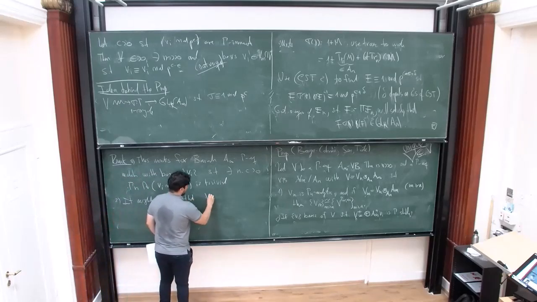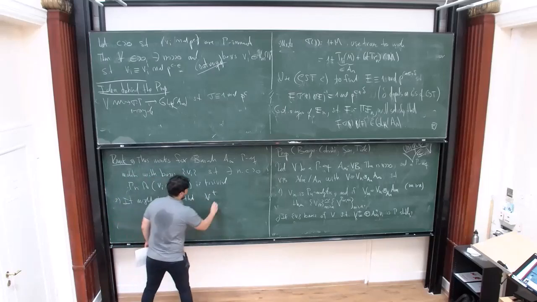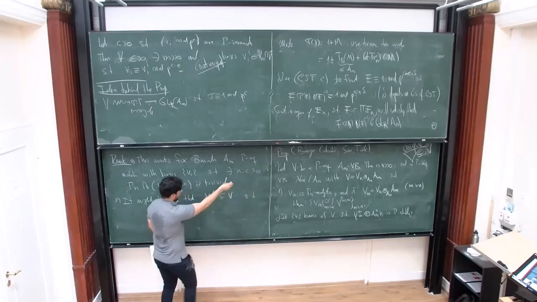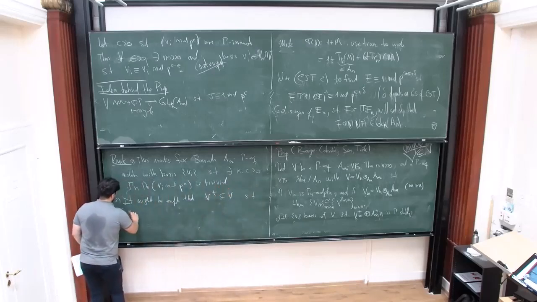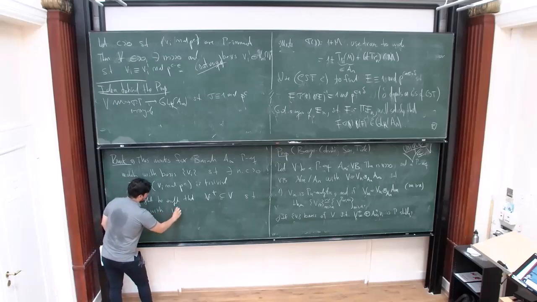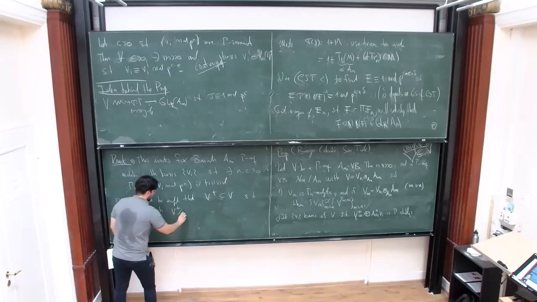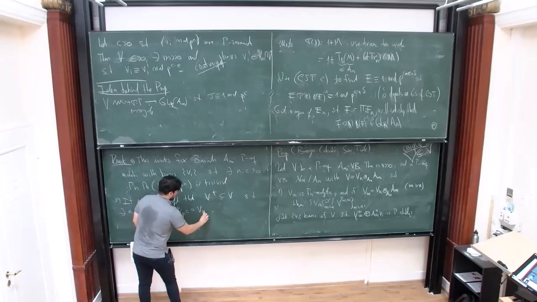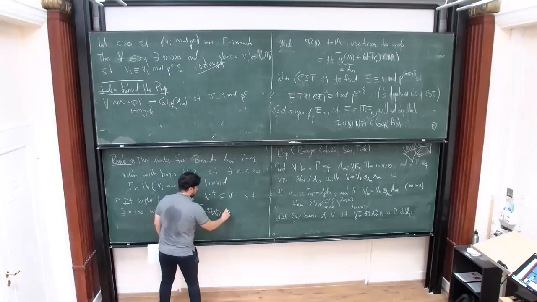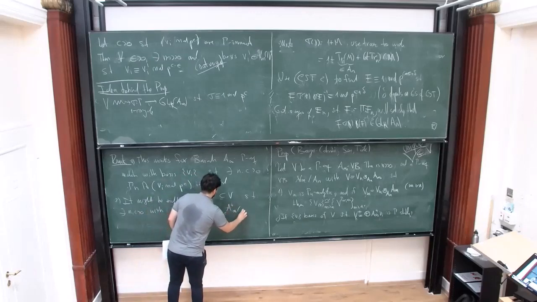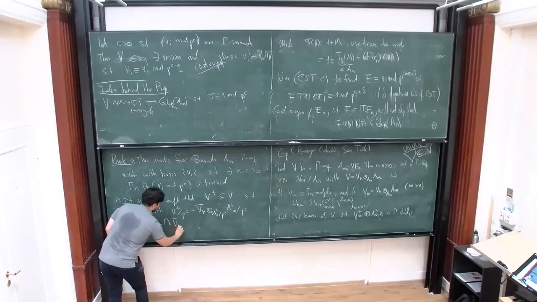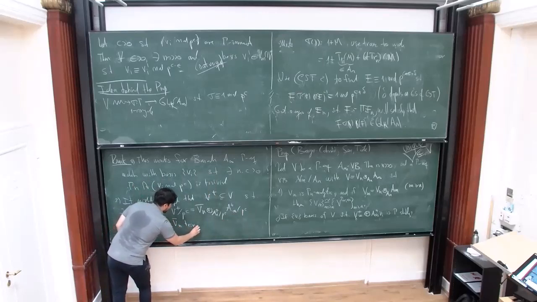We have some gamma such that there exists an n and c bigger than 0 with d modulo p to the c being some base change, where gamma n acts here.